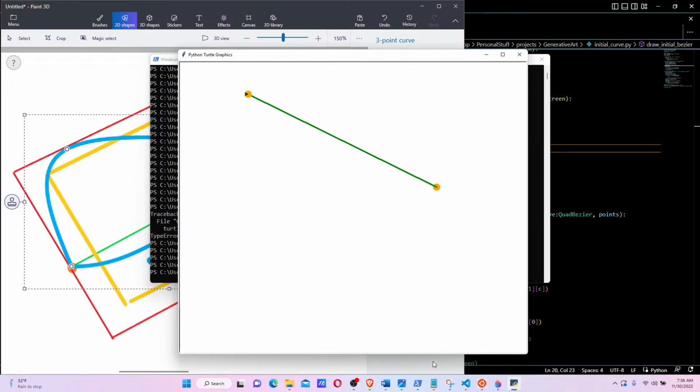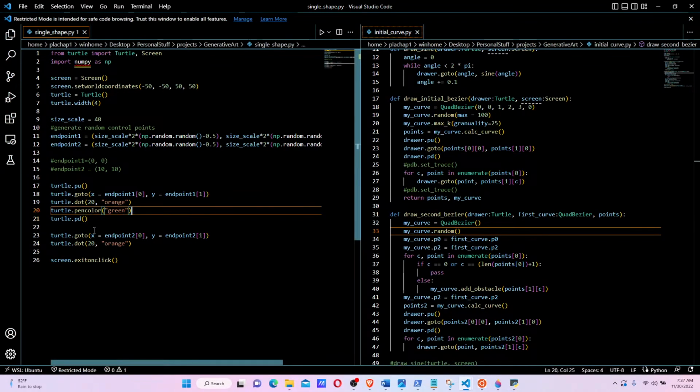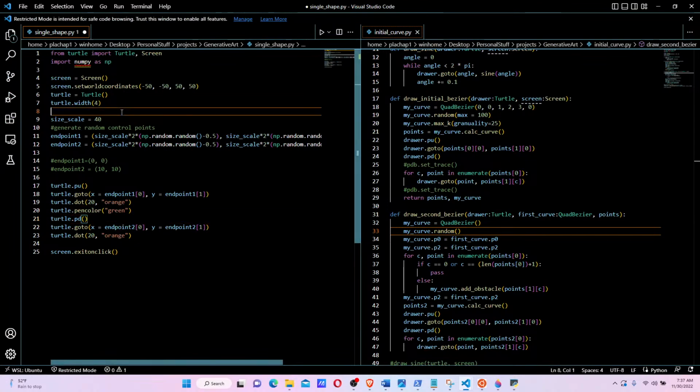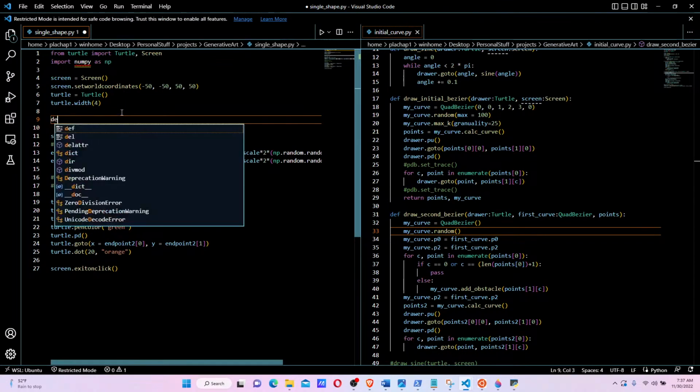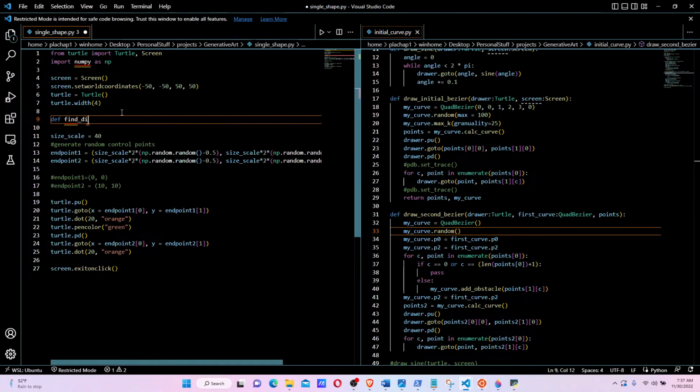Okay, so I draw the two sides. Then draw a bounding box for the first point. So okay, how about the first thing is we find the distance between points.